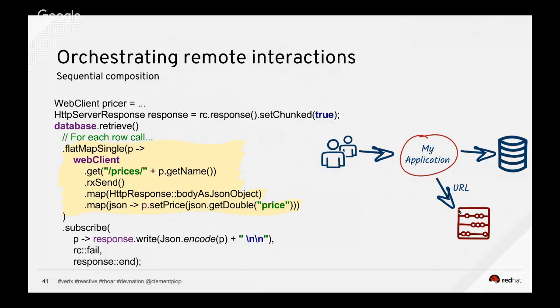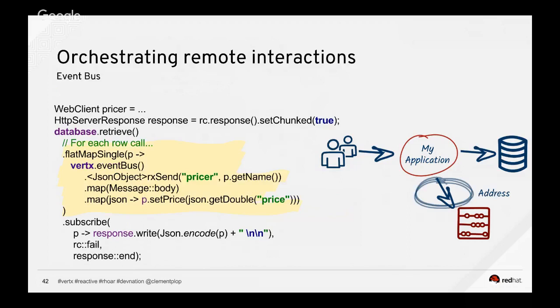The issue here is that I depend on one process service, and this is not really what we had in mind with a reactive system, where we need to send messages to an address and not to a specific recipient. Vert.x comes with a clustered event bus, and instead of using the web client and pointing to a URL, we can just say, hey, send it to this address here, and whoever is listening to this address is going to reply to my message in an asynchronous way.